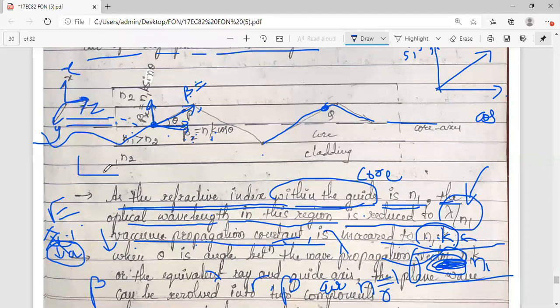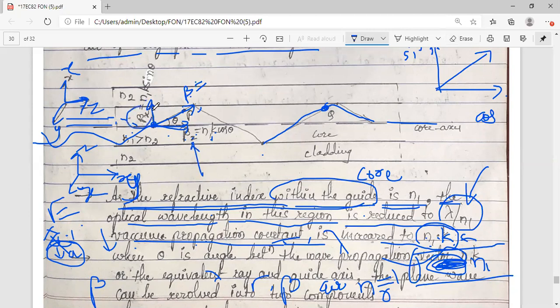If you want to flip this coordinate structure, make this x, this z, this y, or this x, this y, accordingly you should change the notations. If you take this as y, this will become beta y, and this will become beta z. Accordingly you need to change things depending upon how you are taking the coordinates. I have taken the horizontal axis as z, so this will become your beta z.